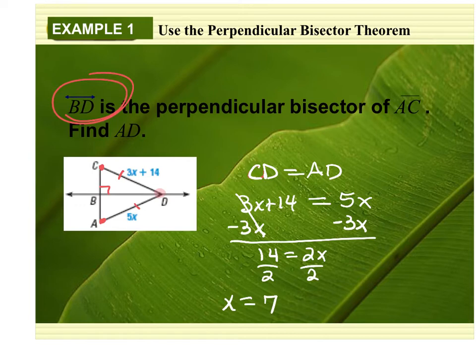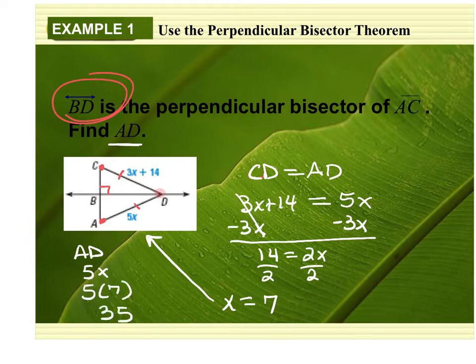Now the question did not ask me to find x, it asked me to find the length of AD. So now I'm going to take what x equals and plug it in. AD equals 5x. If I put a 7 in for x and multiply it, the length of AD is 35.